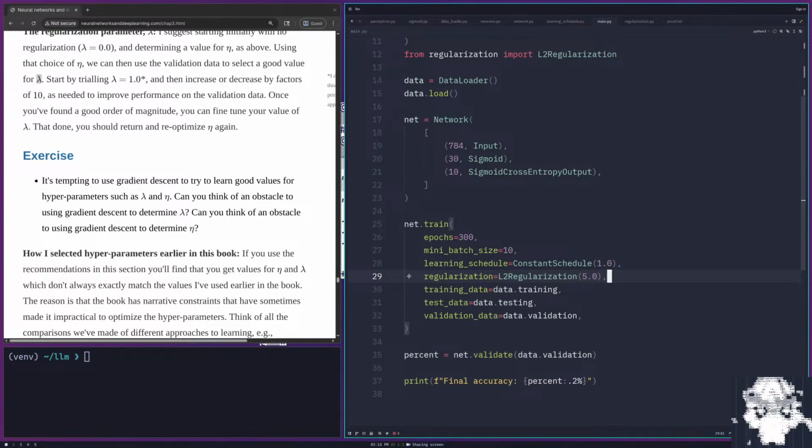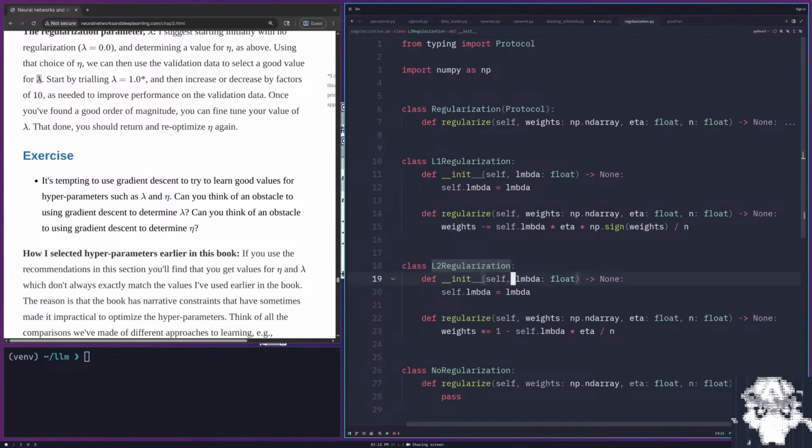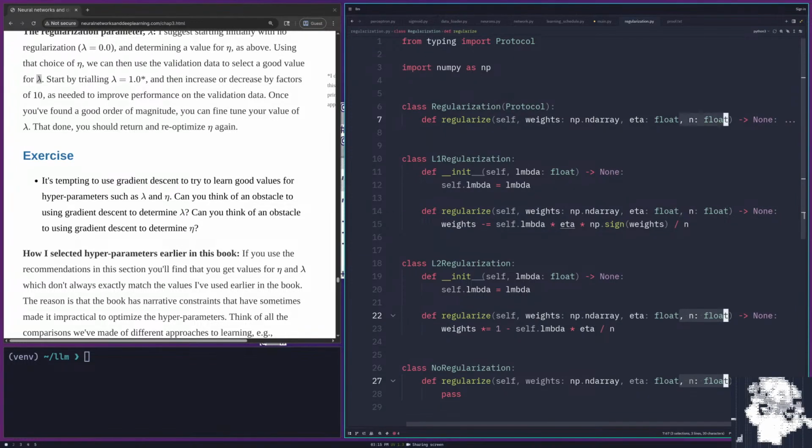So I think that's telling me that I want to put it in here. n equals len of data.training. L2 regularization, don't take n as input.